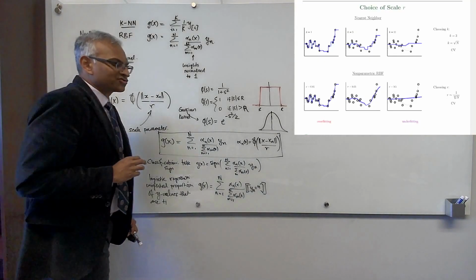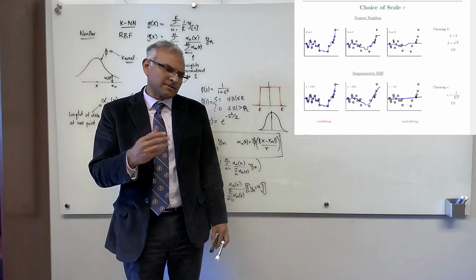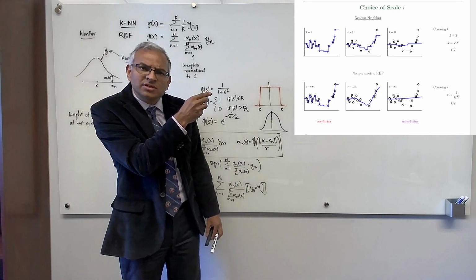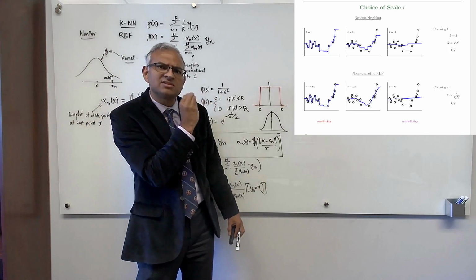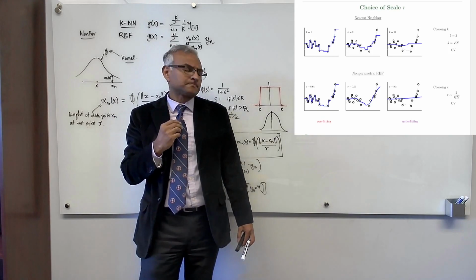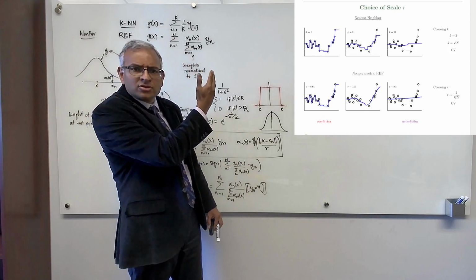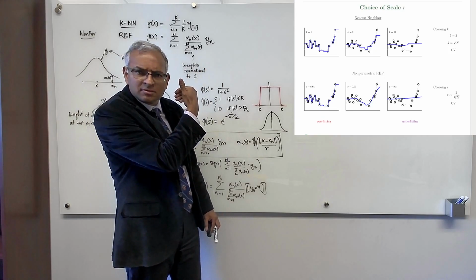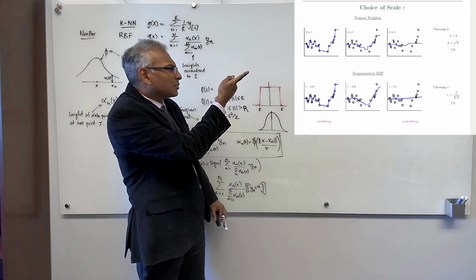In the slide we're illustrating the nonparametric RBF in comparison to the k-nearest neighbor. This is some regression data, the blue circles in one dimension. The little light gray curve is the target function, so we've generated some data with a little bit of noise. Let's focus on the top row, which is the k-nearest neighbor with k equals 1 on the left, then k equals 3, and then k equals 11.